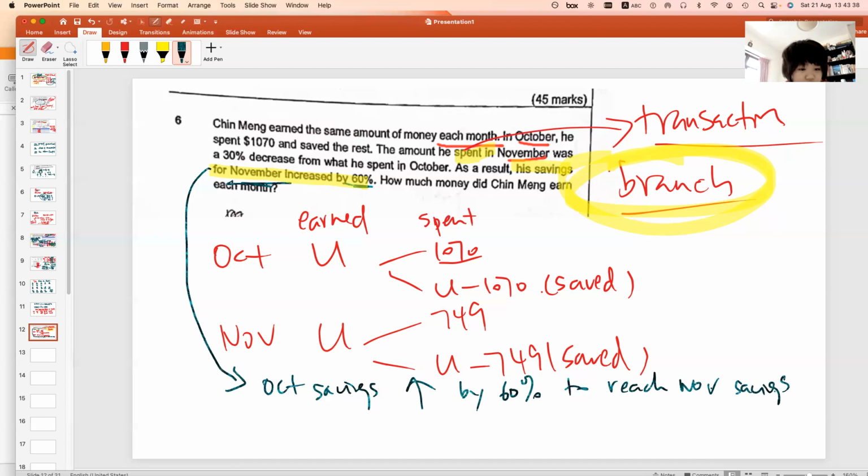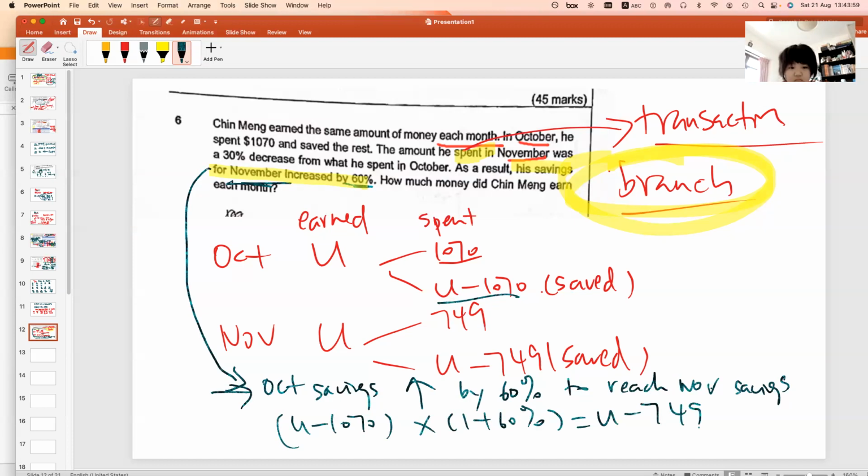Based on this statement, you need to take October savings, which is here, increased by 60%. The formula is 1 plus 60%. Then you will get u minus 749.